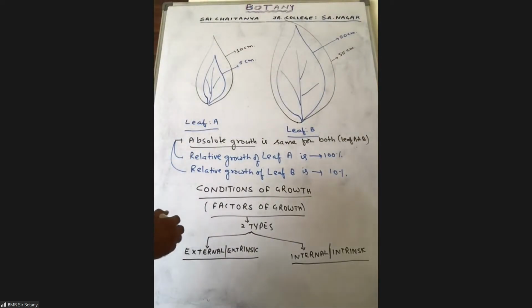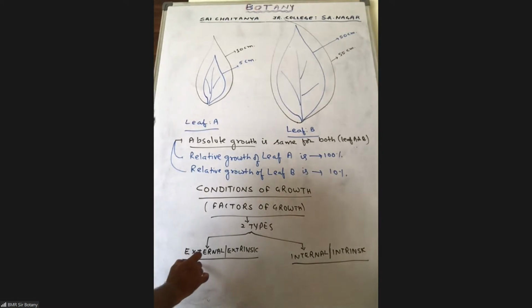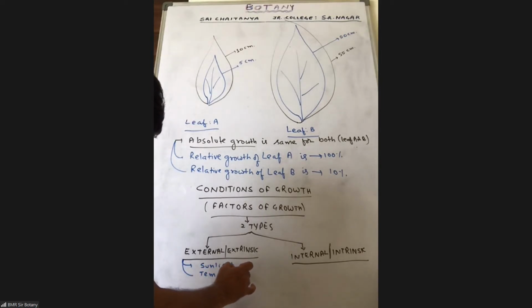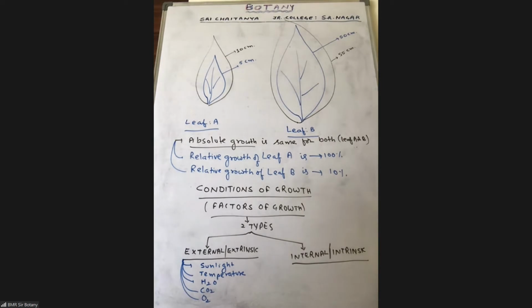External or extrinsic factors you can easily predict: sunlight, temperature, water availability, even carbon dioxide, even oxygen. It can even be the gravity force also.